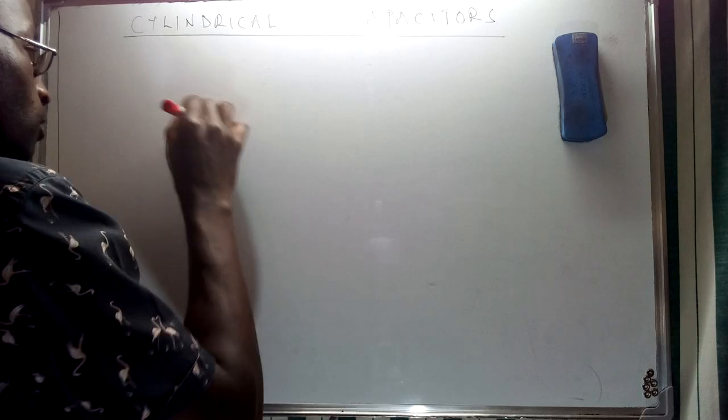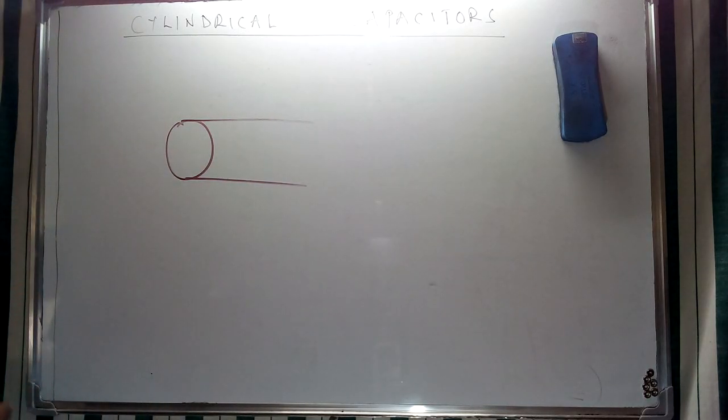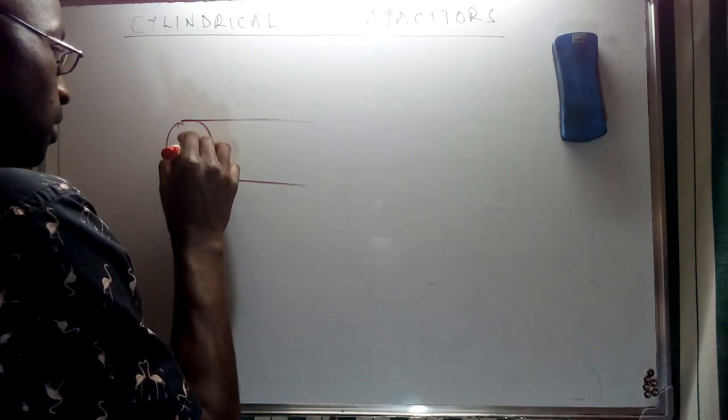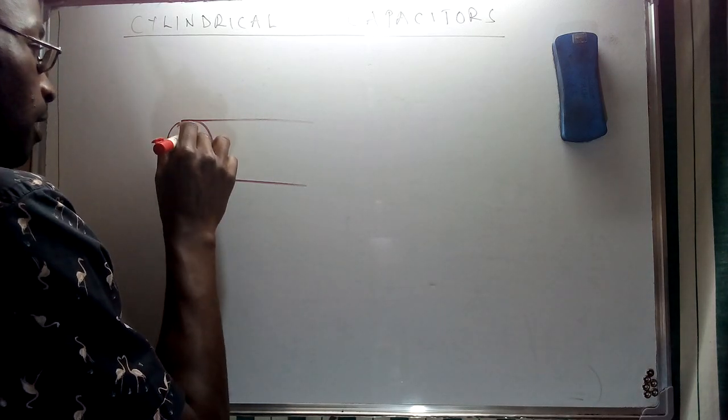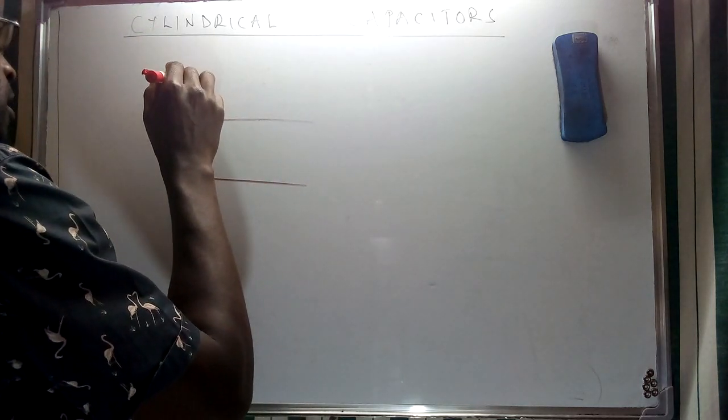So suppose we have a cylindrical solid rod, and I hope my illustration is going to be okay. We are going to assume that this rod has a radius of A, and it is going to be surrounded by a coaxial shell.